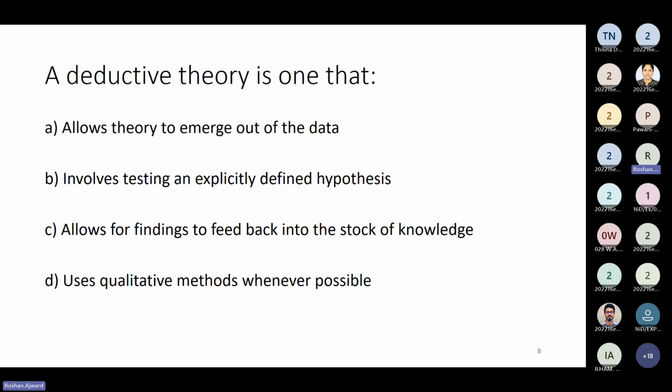The answer is B. Right? C allows for findings to feed back into the stock of knowledge. No, that you don't do. That might be inductive research. D uses qualitative methods. No, you use quantitative methods to test hypothesis. You use statistical analysis that you employ to check the hypothesis, which I'll teach you. I'll teach you a statistical package called SPSS.